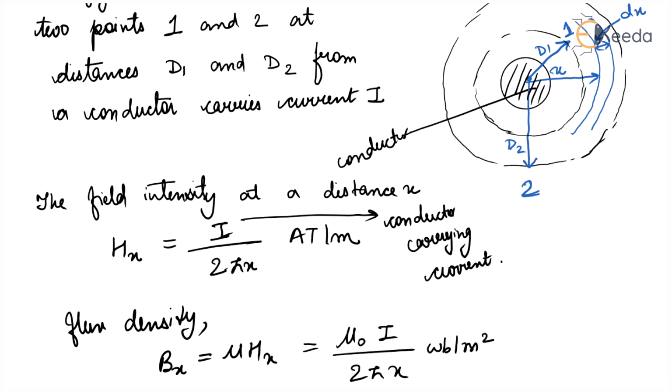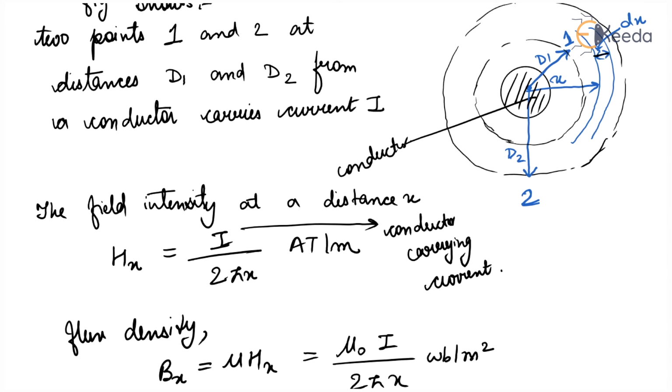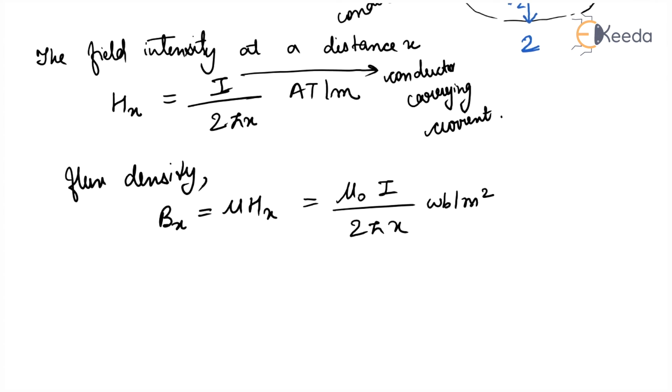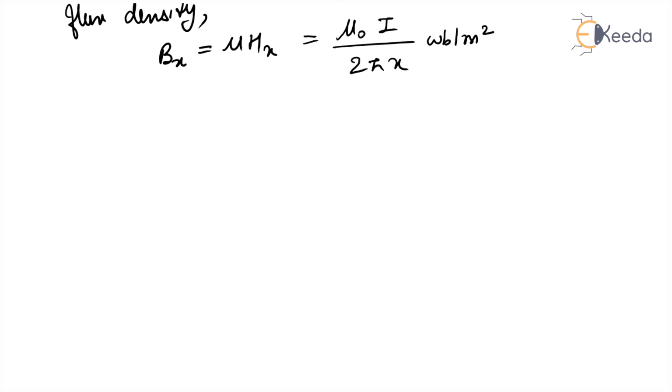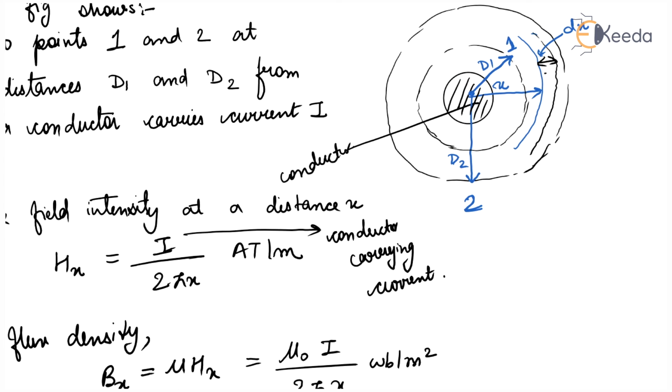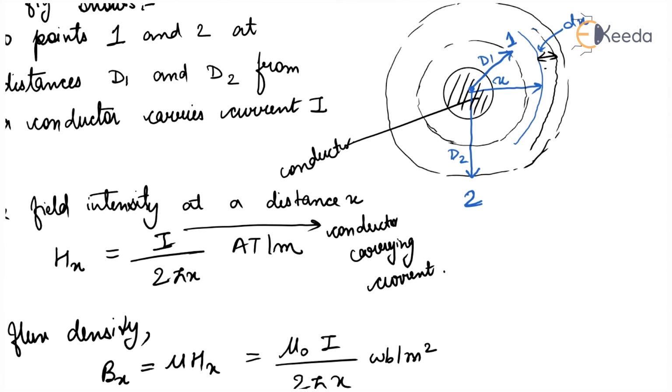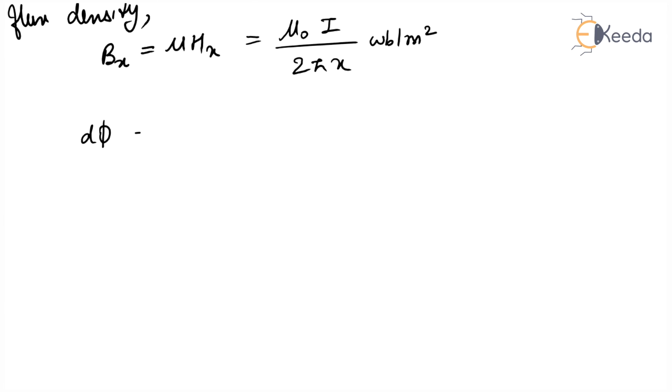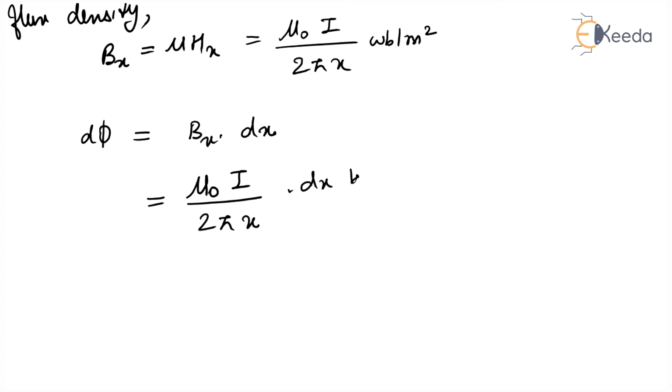Now this dx is the small tubular element. So d phi means the flux in that tubular element, whose thickness is dx, and d phi is equal to Bx into dx. So this is equal to mu naught I upon 2 pi x into dx Weber per meter.